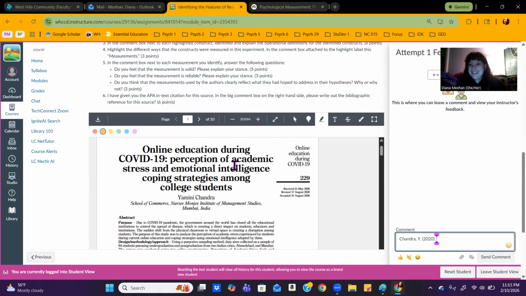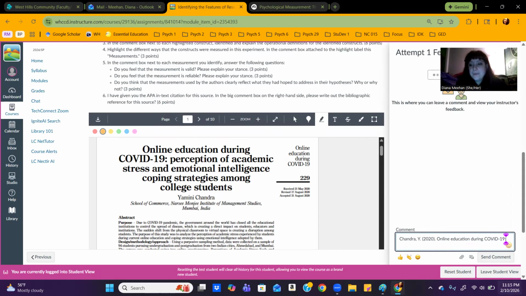The title of our article is here, and we put that in sentence format. So what that means is online gets capitalized, but education during and COVID-19. Online gets capitalized because it's the first letter of a sentence. And then education during, nothing else is supposed to be capitalized. COVID is a proper noun, so it's supposed to be capitalized.